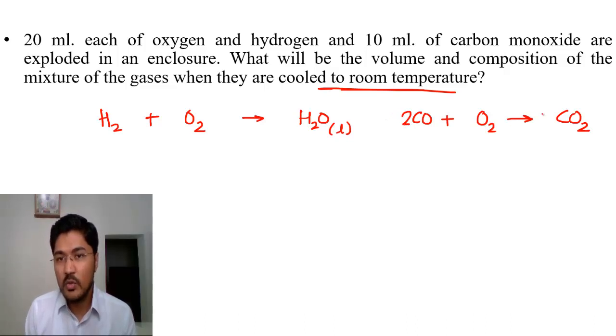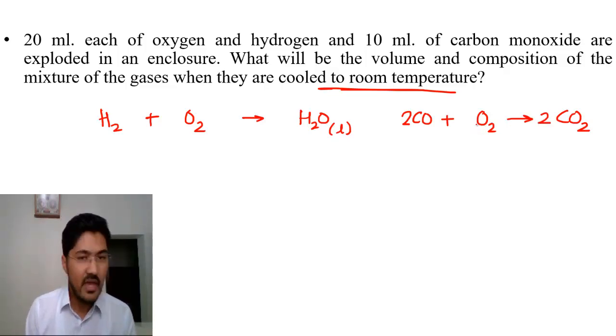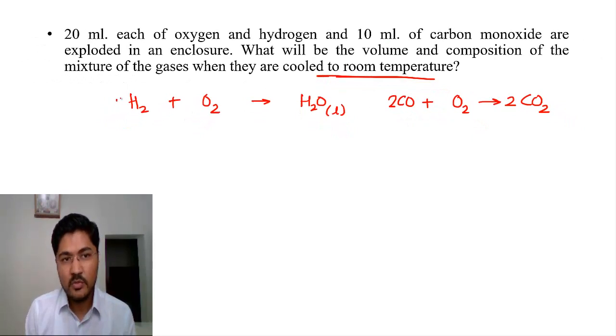Two molecules of carbon monoxide will react with one molecule of oxygen to give 2 molecules of carbon dioxide, and 2 molecules of H2 will react with 1 molecule of oxygen to give 2 molecules of H2O.